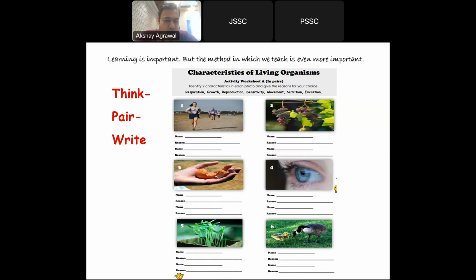What can be said in the third one? Reproduction. Someone is saying excretion. What else? Nutrition. Okay, fourth one. Growth. Okay. Sensitivity, very nice.